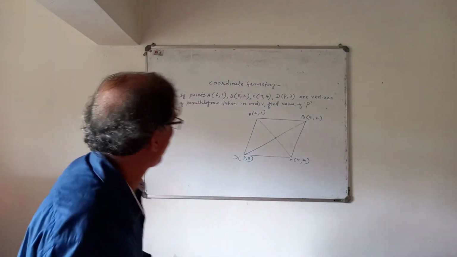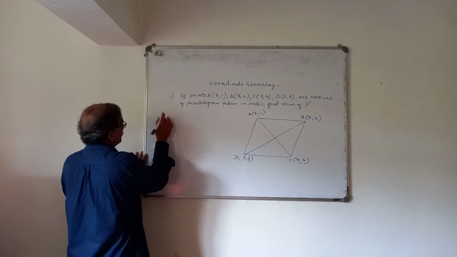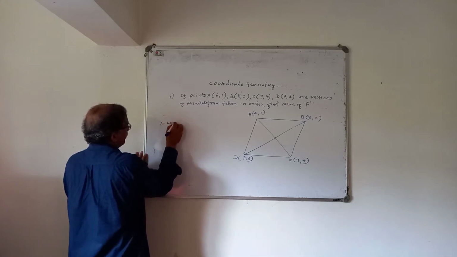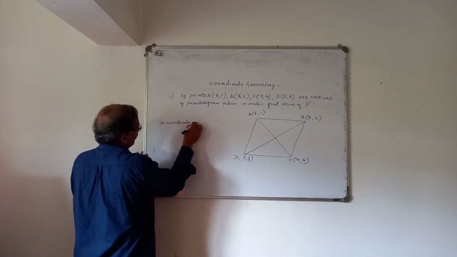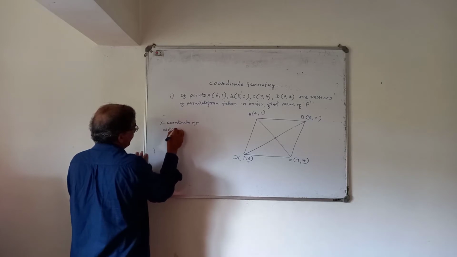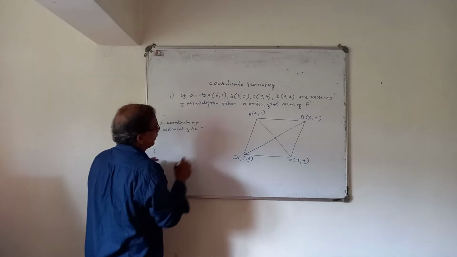The x coordinate of the midpoint of AC should be equal to what?